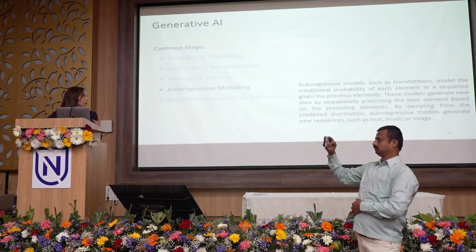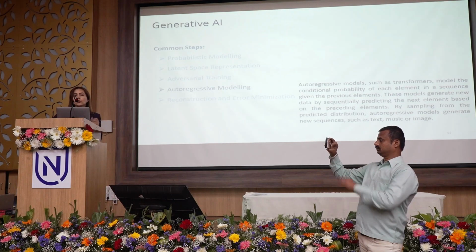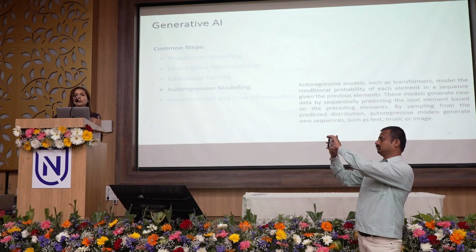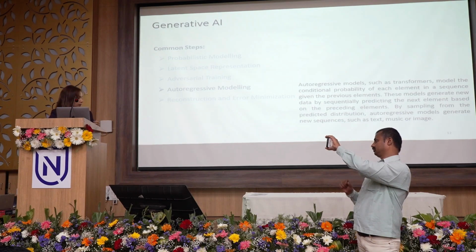For autoregressive models, we just corrupt the last bit of the text, just the last word, and then we try to recover it. Then we use that generated word, together with the remaining ones, as a new input to the network. We repeat this again and again to build our output. That's called autoregressive models.